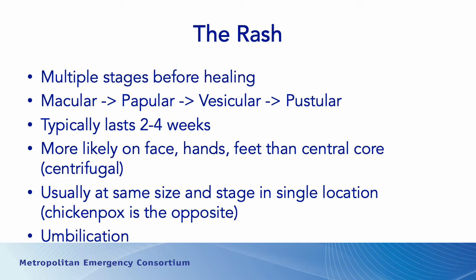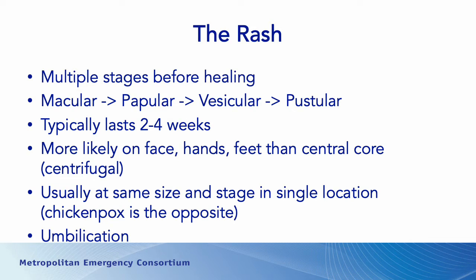It may be a little different age on the face versus the arm, but the areas that are affected, the common or similar areas, tend to have a rash that's in the same stage of development. Whereas with chickenpox, you can have a rash on a body part where some of it looks papular, some of it looks red, some of it looks blister-like, and some of it looks crusted over. So the rash can be in various phases of development on the same body part.